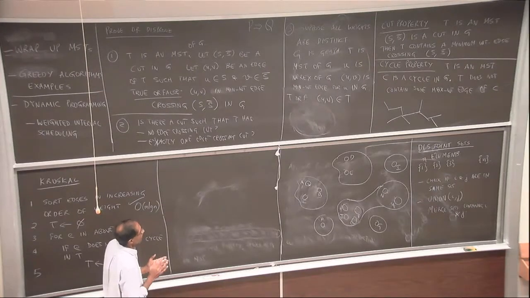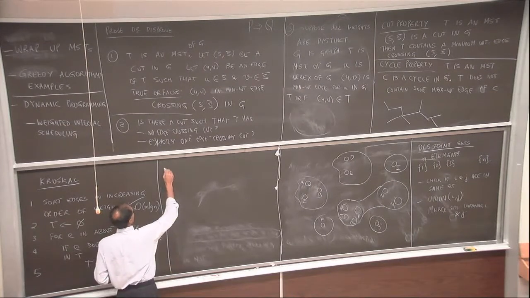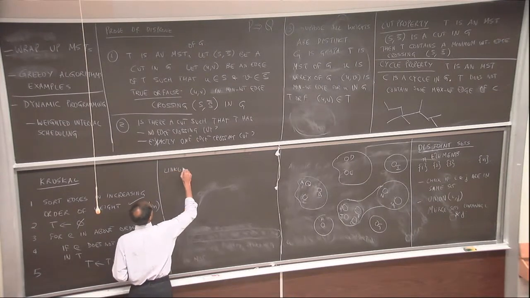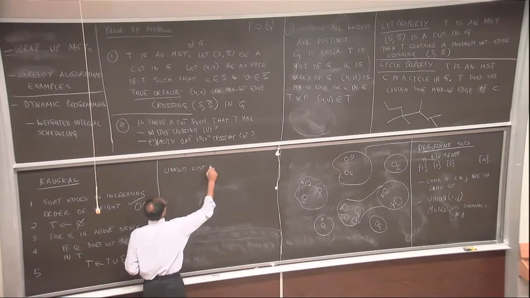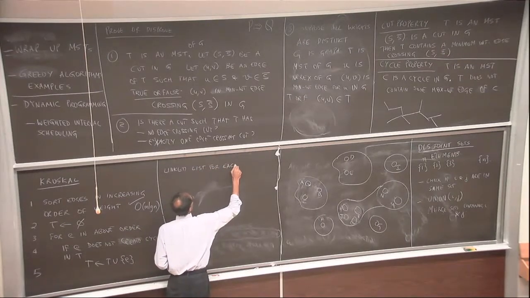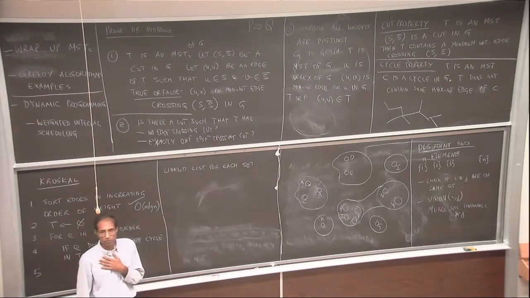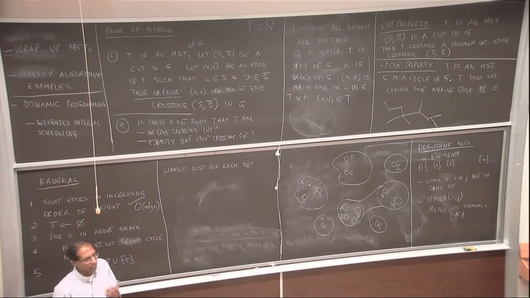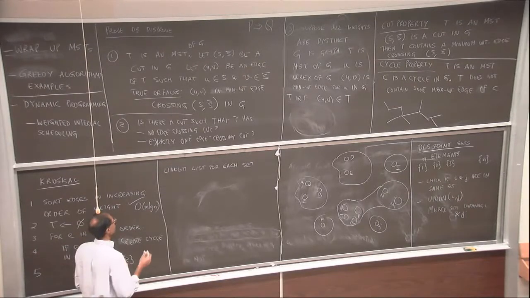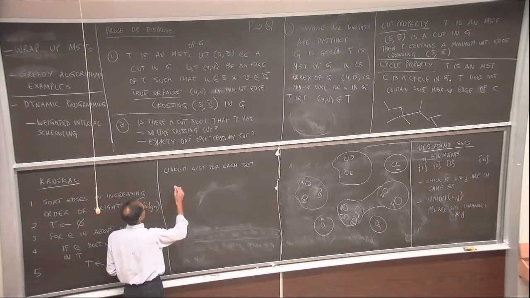One really simple way to do this is, let's suppose you keep track of a linked list for each set. Okay? You just keep a linked list for each set, and you keep it doubly linked in case you need to remove or add things like that.